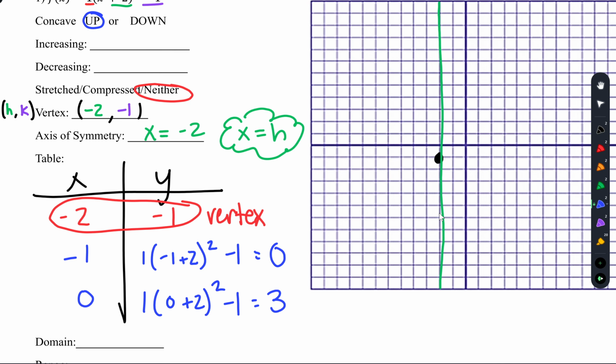So I'm going to plot those 2 points, negative 1 and 0, and then 0 and 3. And then because I have that axis of symmetry, I can flip those 2 points to the other side to make it symmetrical.